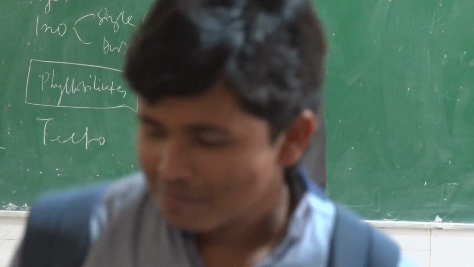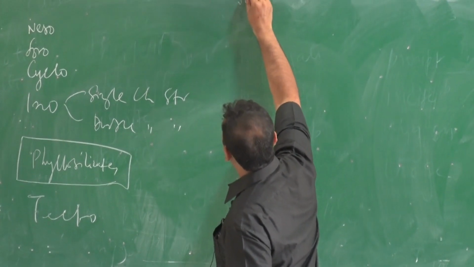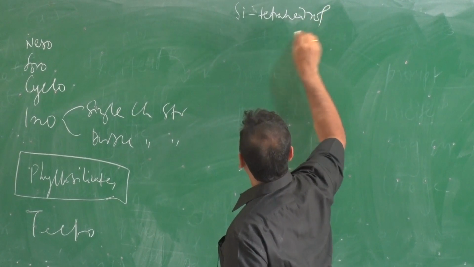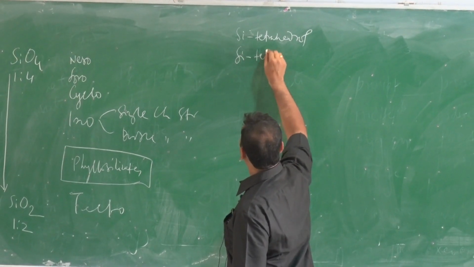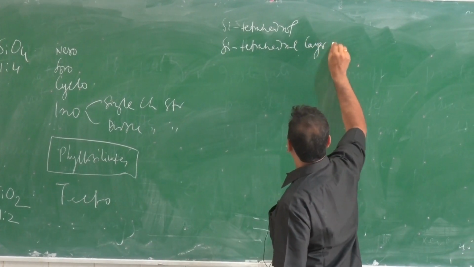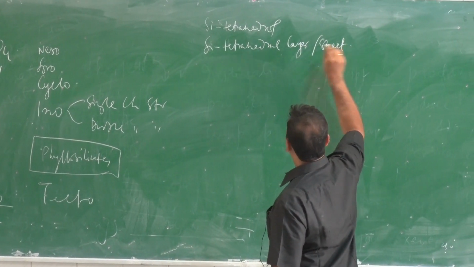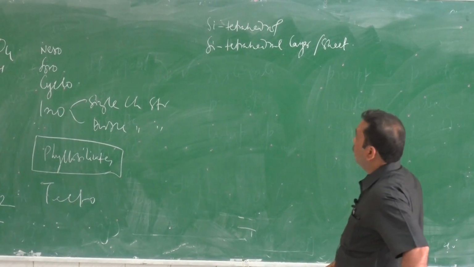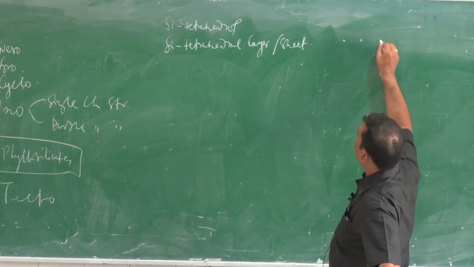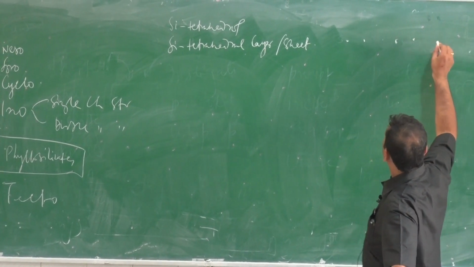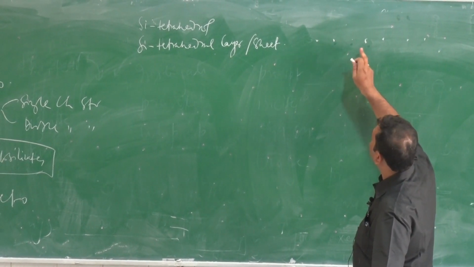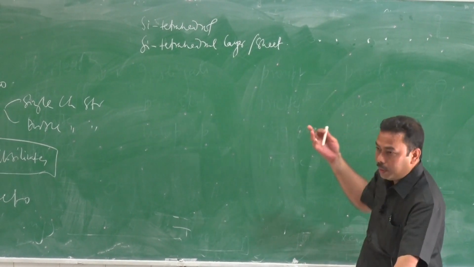And thereafter we switched over to what is called the silica tetrahedron, and then the silica tetrahedral layer. That we discussed. And there I said it is 1, 2, gap, 1, 2, gap, 1, 2 like that. Or you can see 1, gap, 2, 1, gap, 2 like that. Whatever you want to say.